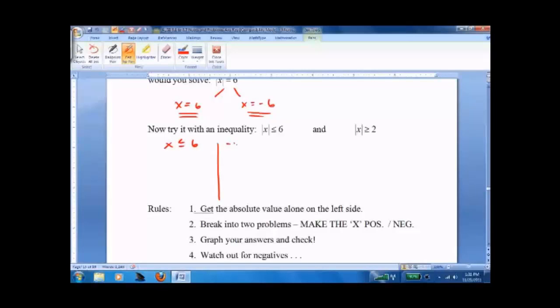The other side, we put the negative with the x. And we do that because when we divide, we have to flip the sign. So we get x is less than or equal to 6, and x is greater than or equal to negative 6. Always put it on a number line. Now we're dealing with negative 6 to 6.